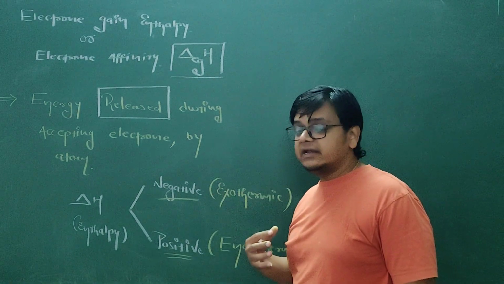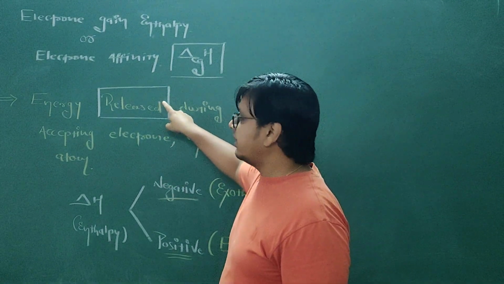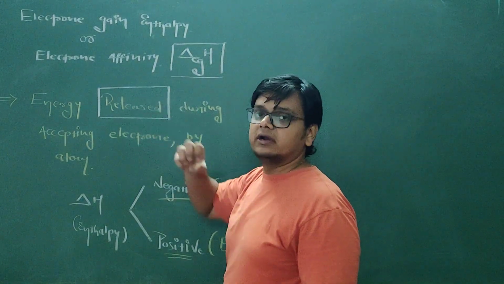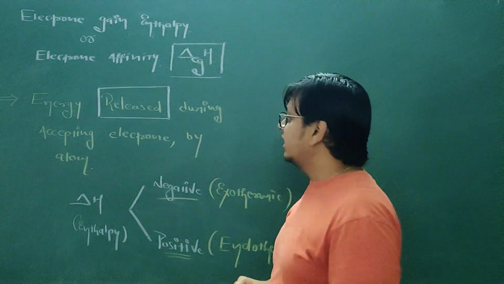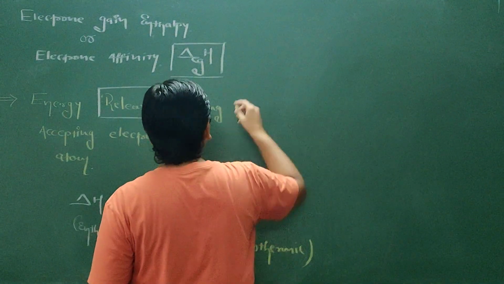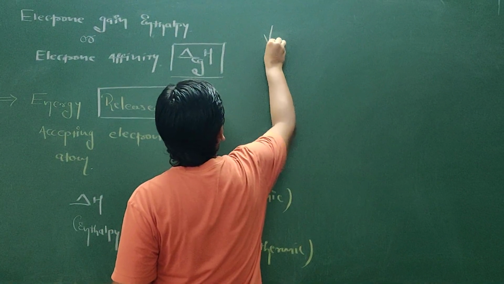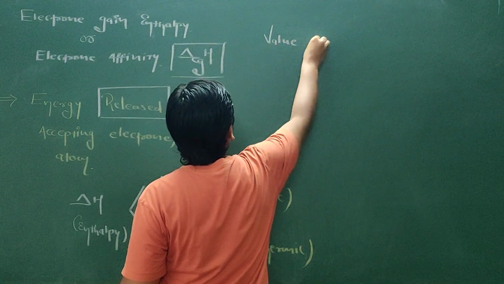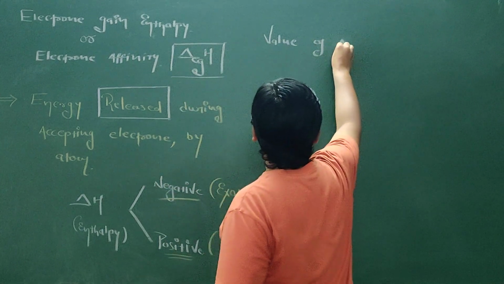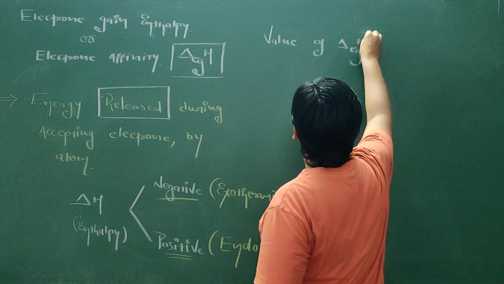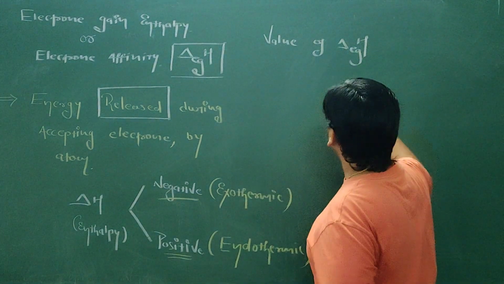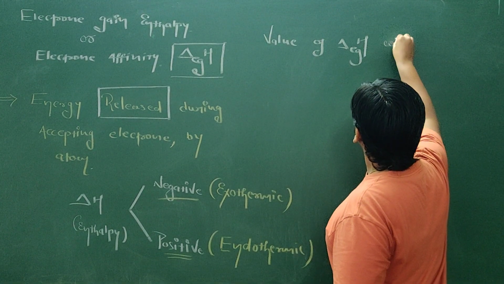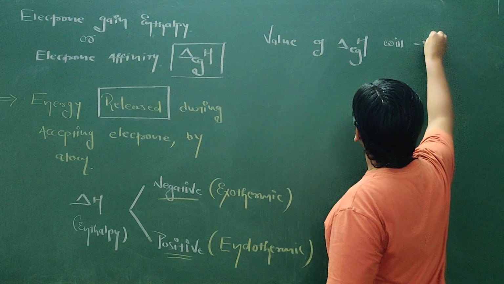Since the energy is released, see, we have already highlighted the word released. What does it mean? Energy is releasing, and whenever energy is releasing, can we say that the value of delta EGH will be negative.